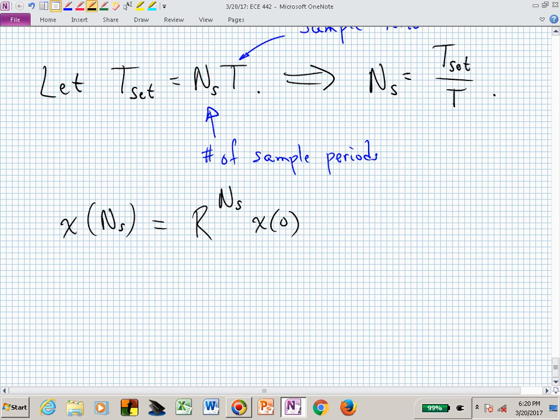We'll just find the value of the dominant pole, which means the largest radius, and use that to determine our settling time. If this is a 1% settling time, what do we want this final value to be? We want it to be 1% of where we started, which is 0.01 times x of 0.